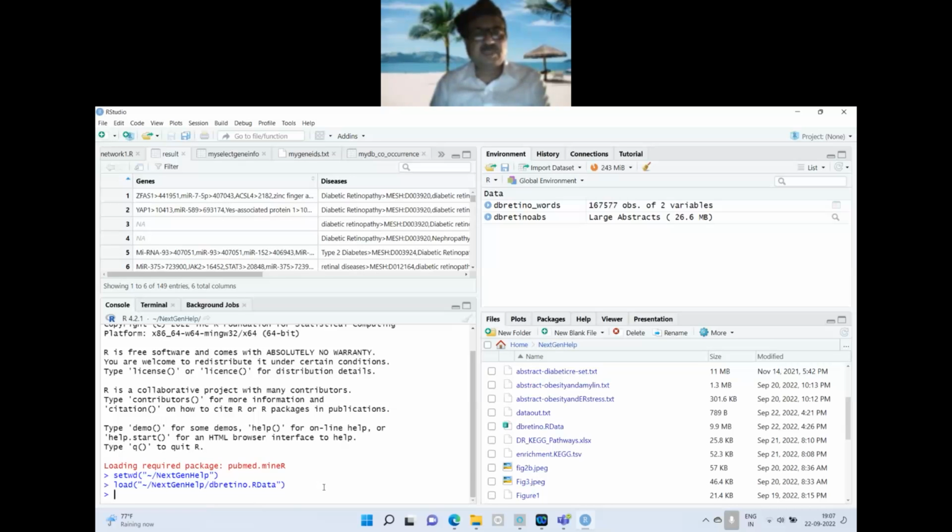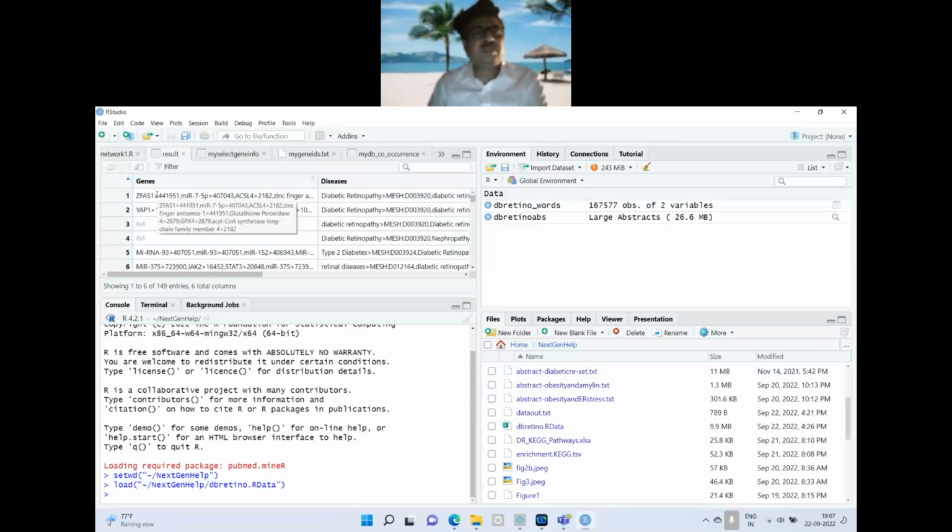So you can see here, this is RStudio, and I have uploaded the abstracts and the word table. And what did we have here?